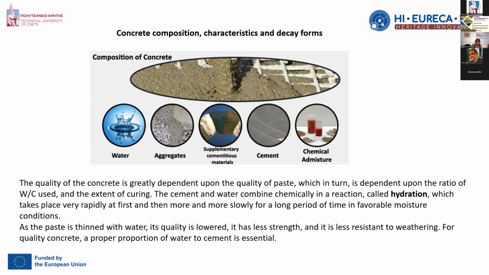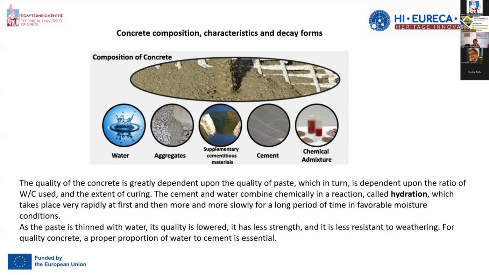And this water that was added causes the hydration of the cement, which takes place very rapidly at first, and then more slowly for a longer period, according to the exterior conditions. For example, humidity here plays an important role.